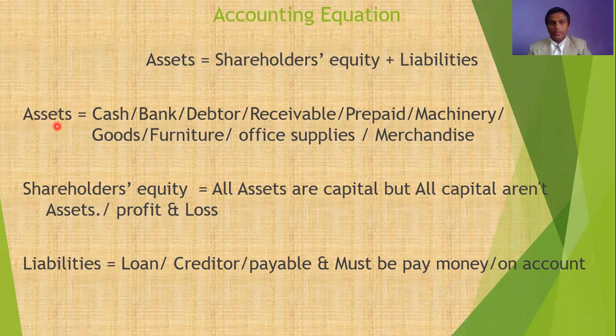Assets are cash, bank, debtors, receivables, bills receivable, note receivable, account receivable, prepaid expenses, machinery, goods, furniture, office supplies, and merchandise. These are all related to assets.